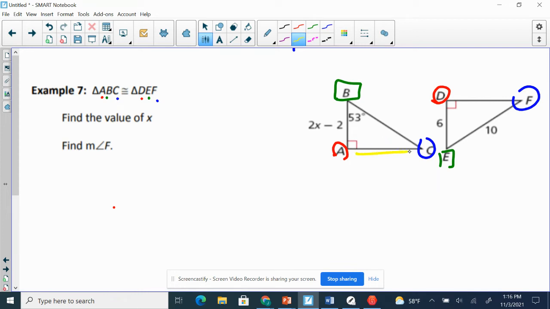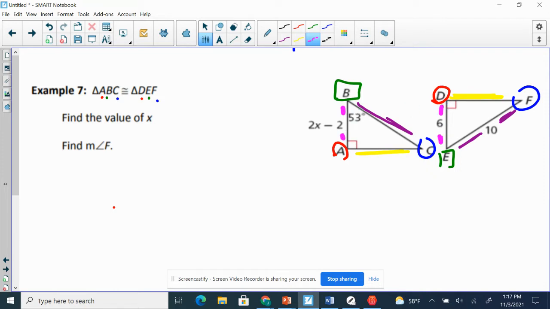So then AC is going to go with DF. And then I'm probably going to run out of colors. B to C, so green to blue, green to blue, those match up. And then last but not least, this guy goes with this guy.